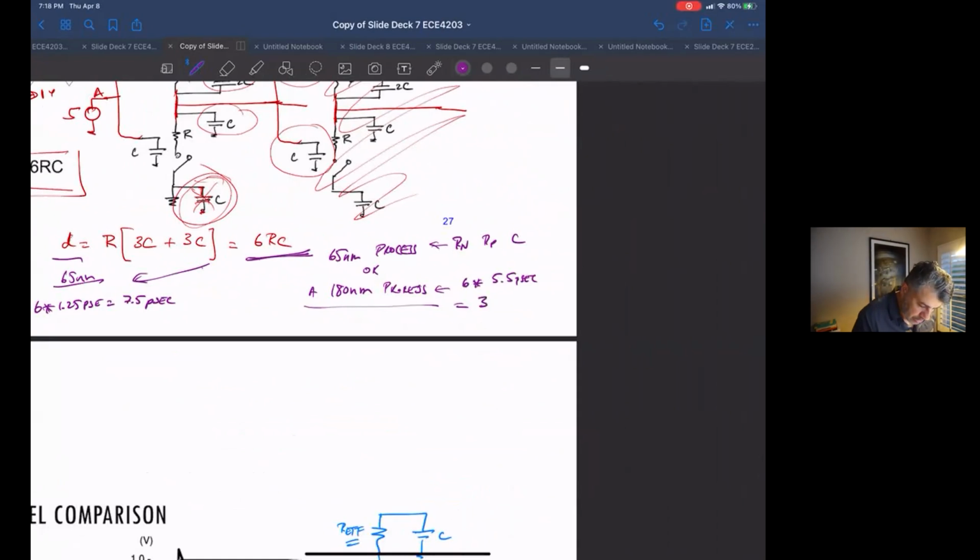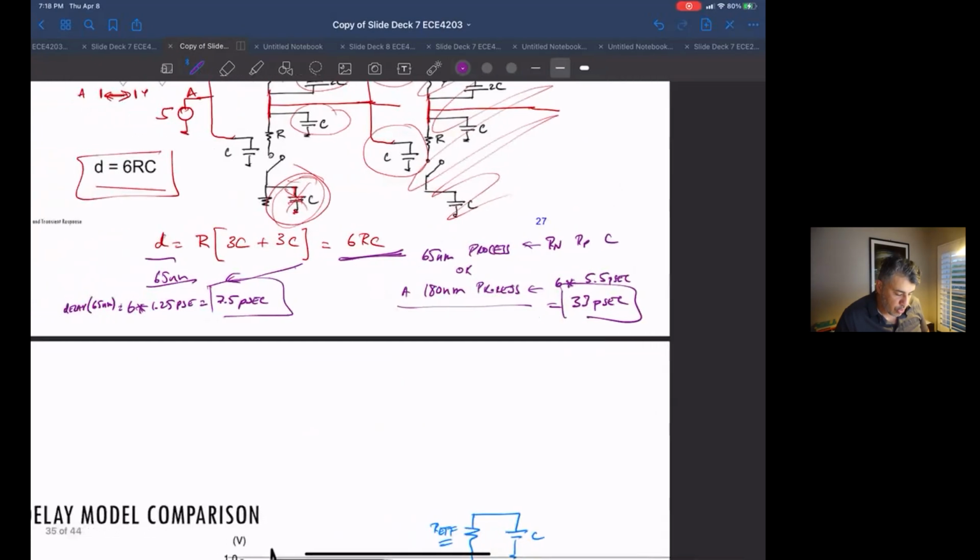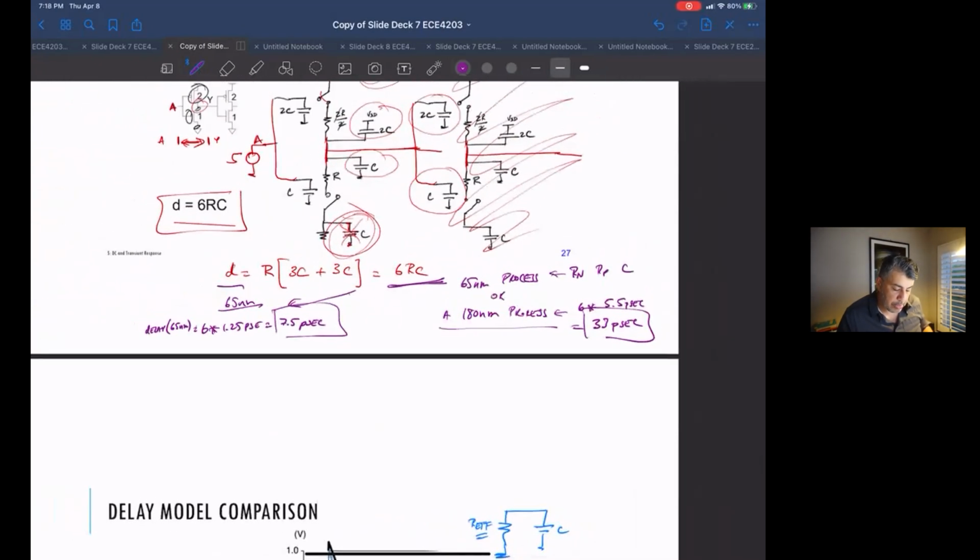So this is more like 33 picoseconds. Okay, so a much longer delay for the bigger process, which is what we would expect.